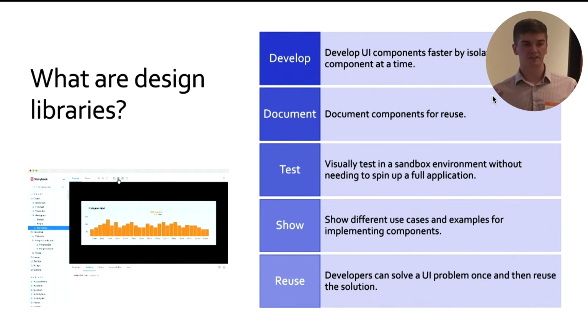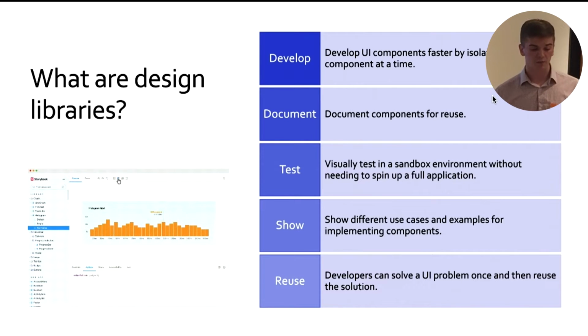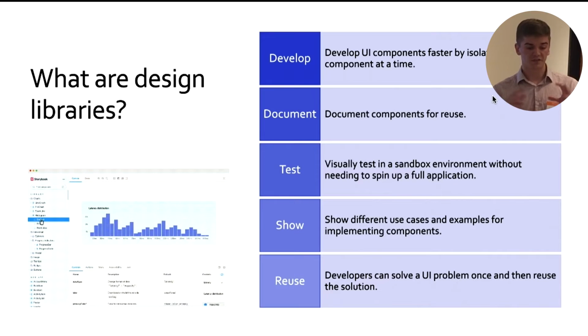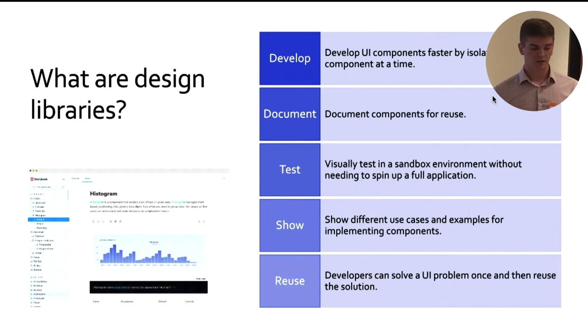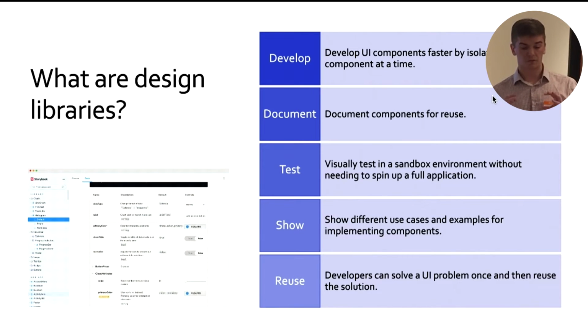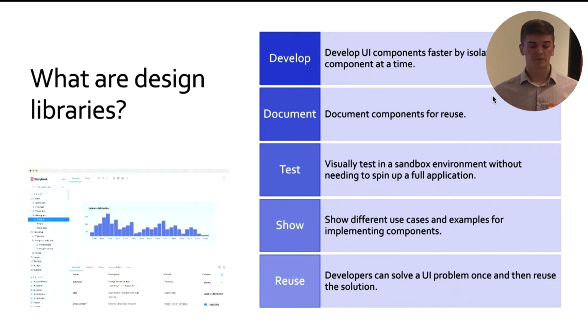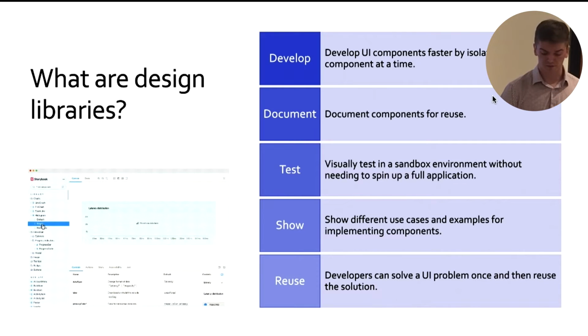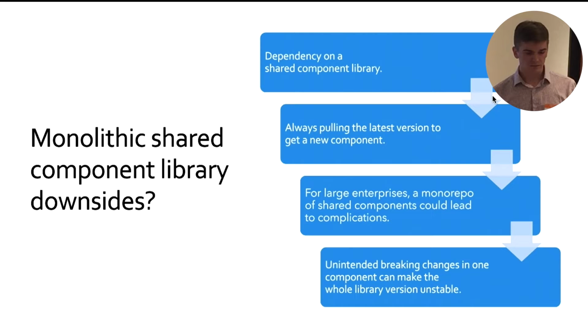When we're building these design libraries, we're often building them into a singular module, and that module is versioned, but it can lead to some problems. This is the idea of a monolithic shared component library. All these downstream web apps have a dependency on a singular version.